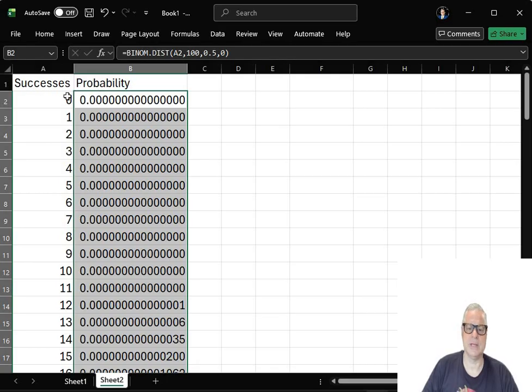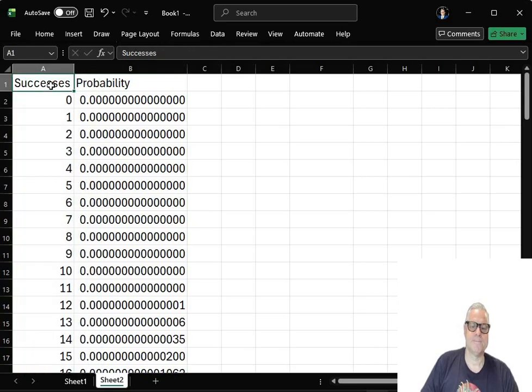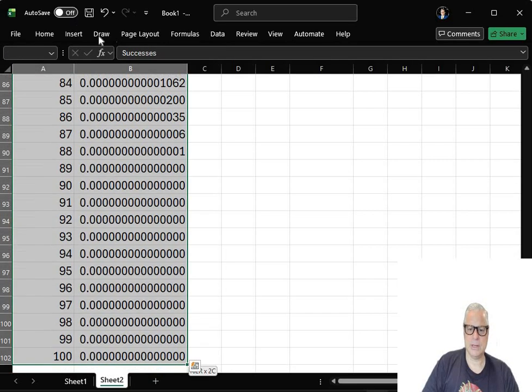So you see that the probability of getting 0 successes, 0 heads in 100 coin flips, is for a long time 0.000. But let's take a look at the probability distribution.